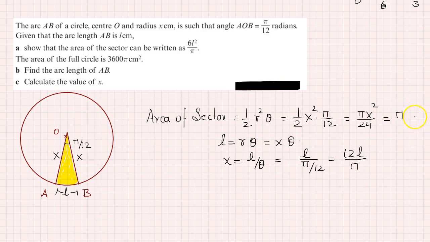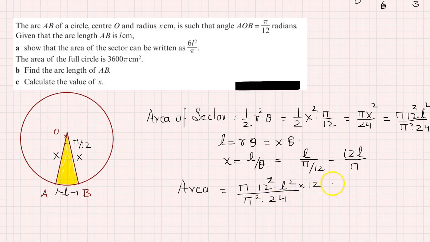So area will be pi times 12 squared L squared over pi squared times 24. 12 squared can be written as 12 multiplied by 12.